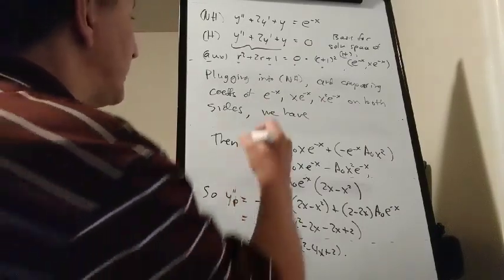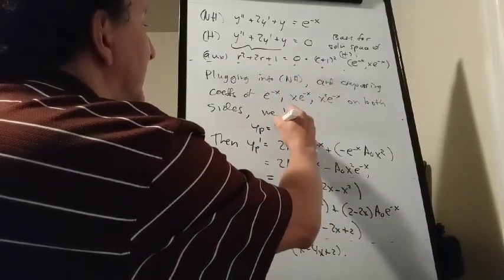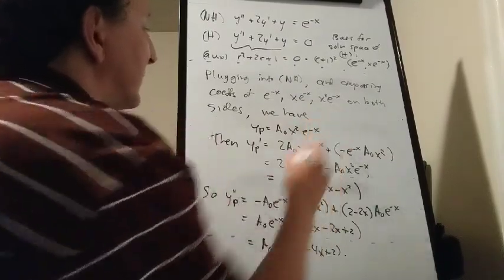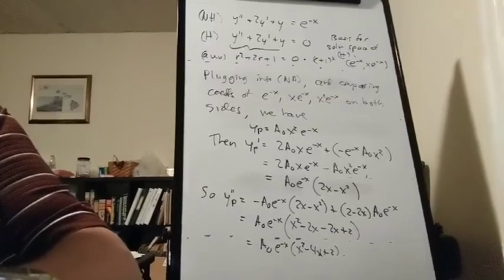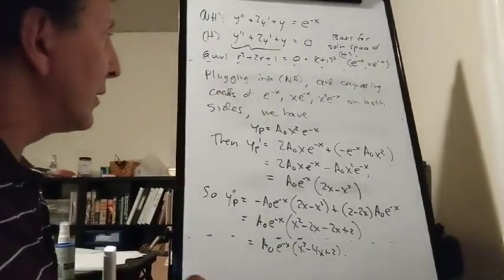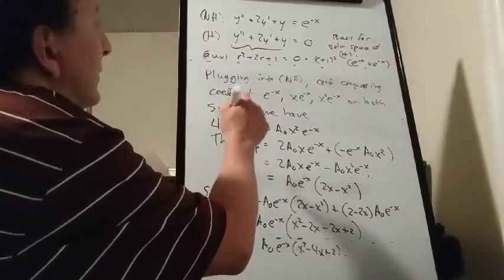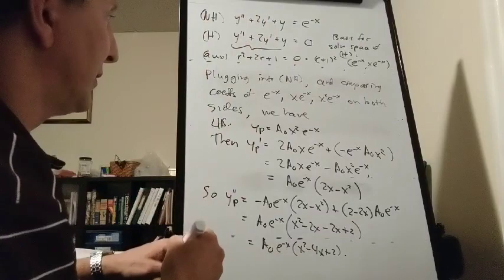Oh, I erased yp, so yp equals a naught x squared e to the negative x. All right, we have on the left-hand side yp plus 2 times the derivative plus a second derivative.